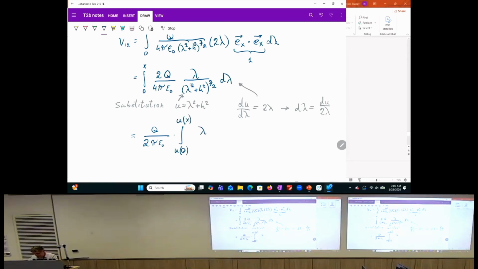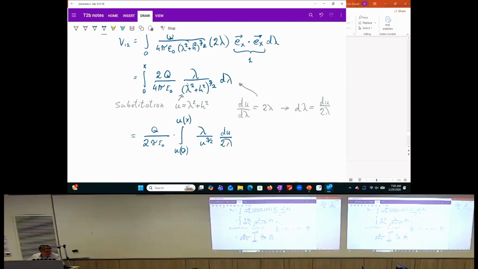We still have our lambda here, but we have substituted what is in the denominator, the lambda square plus h square by the u. The exponent here, 3.5, remains. And the lambda is now, after the substitution, the u divided by 2 lambda here.